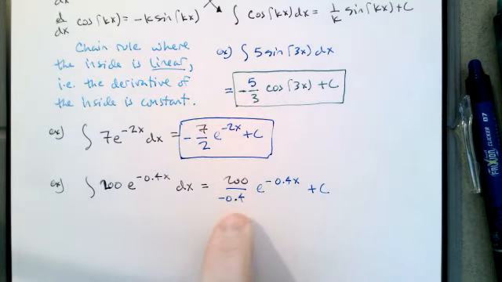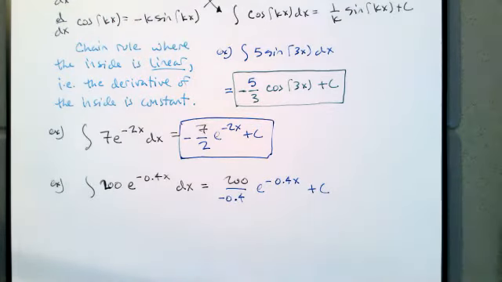Now, this is not a good number to write. You don't leave decimals in your fractions. That's just bad form. Also, the negative is in the denominator. That's also bad form. Technically not incorrect, but improper.